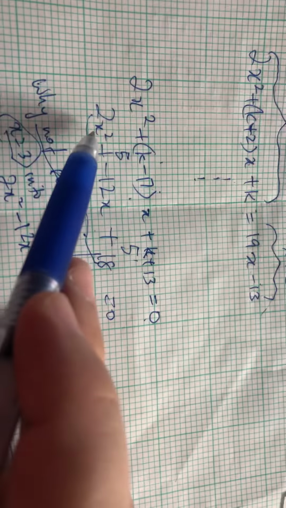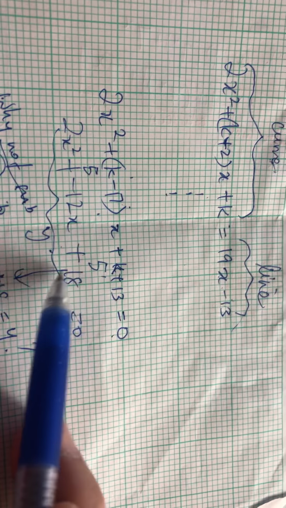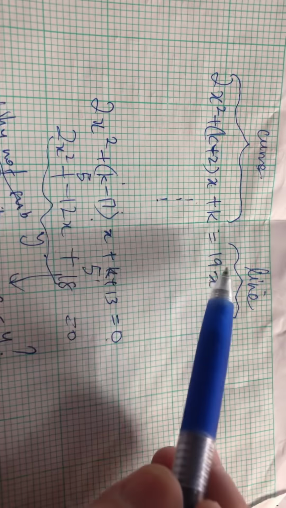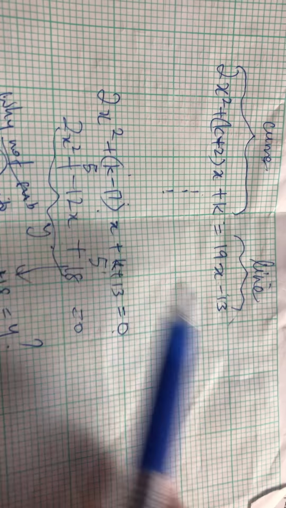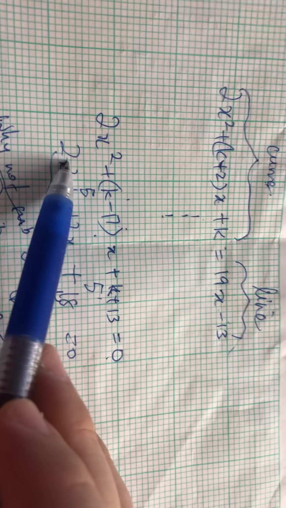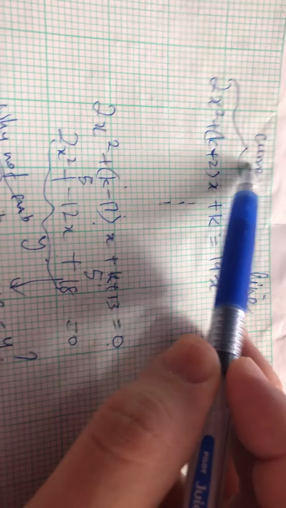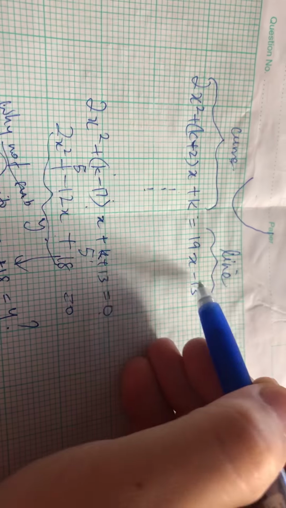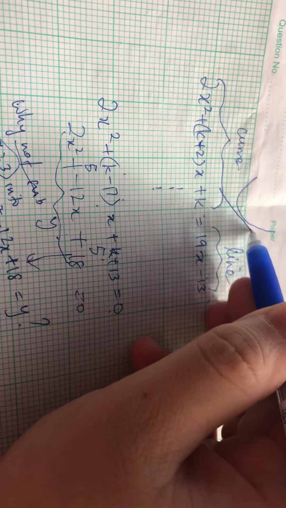This is a totally different thing from this equals to this already. That means this quadratic equation does not represent this curve. Whereas you are trying to find where this curve meets this line.